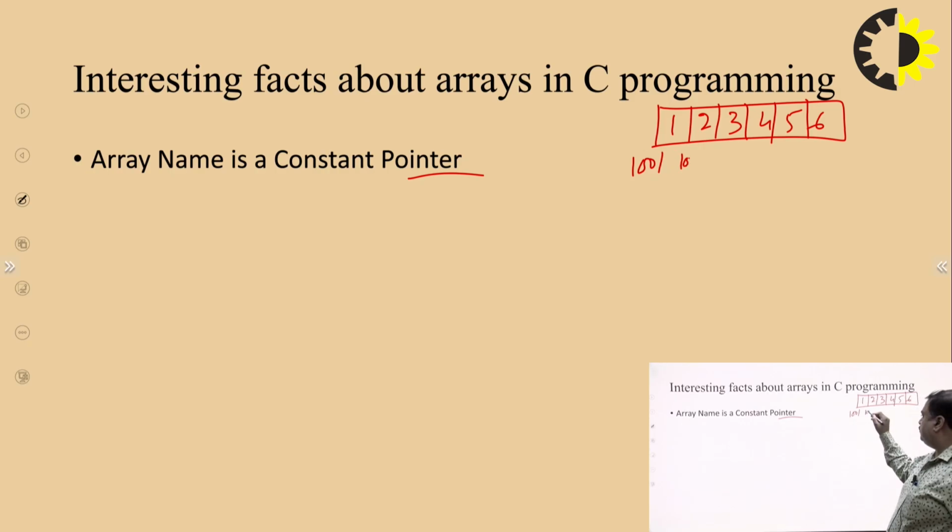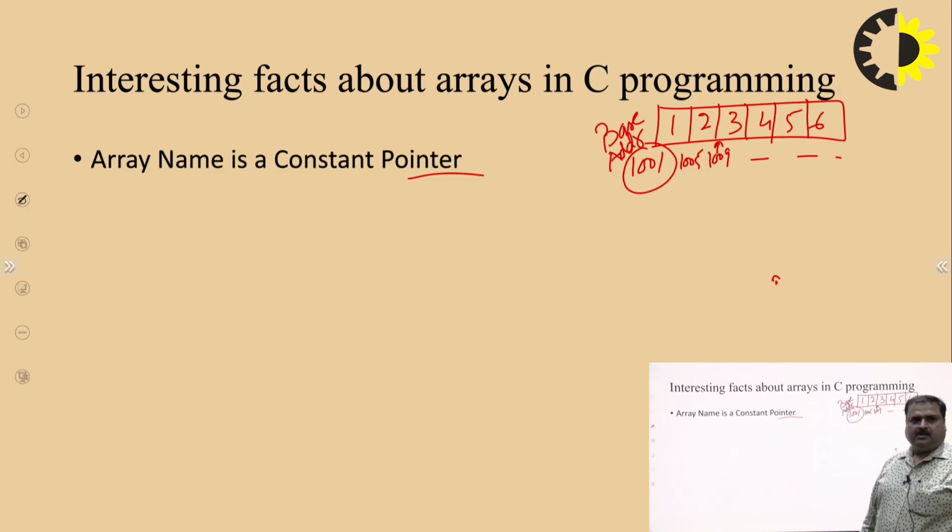So 1005 will be the address of element 2, 1009 will be the address of element 3, and so on. So what will the array name have? The array name will have 1001, because this is treated as the base address.